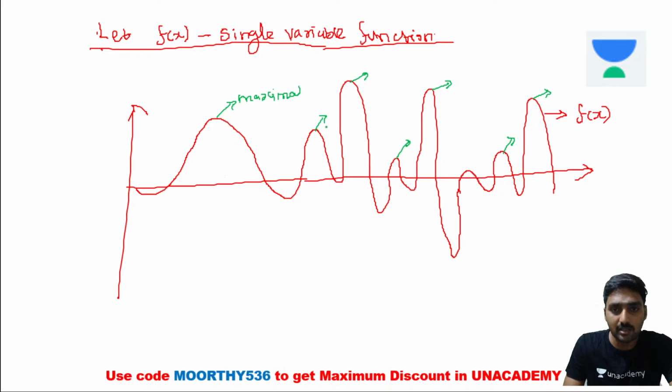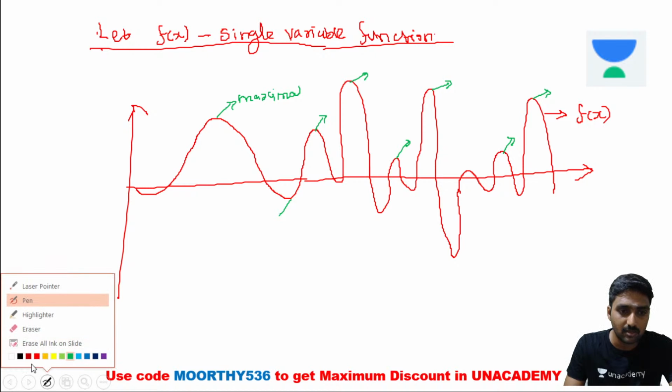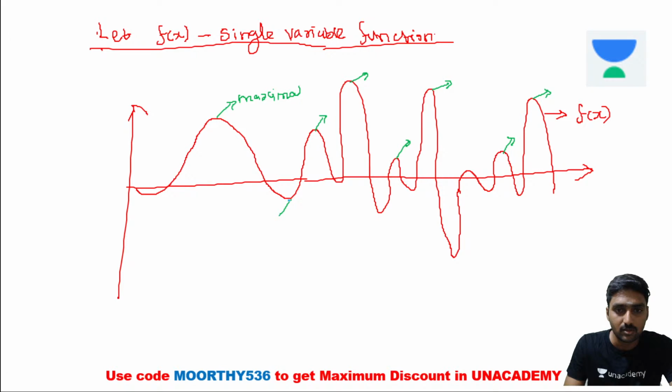Among all the peak points, the lower peak points are called minima. I will use different colors so you may get some clarification. Now consider the lower peak points are minima.